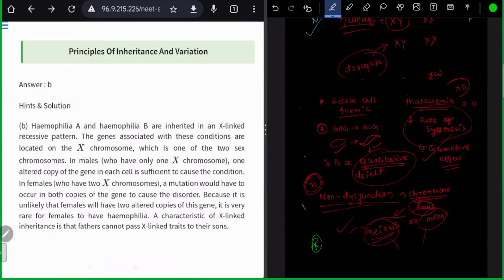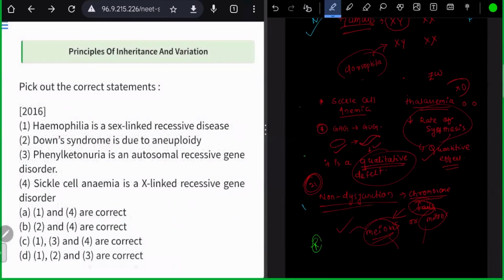Here you can see hemophilia is an X-linked recessive disorder. It has two components, hemophilia A and hemophilia B. They both are X-linked recessive disorders. Next is pick out the correct statement. First option, hemophilia is an X-linked recessive disorder. Now only we have seen that it is sex-linked recessive.